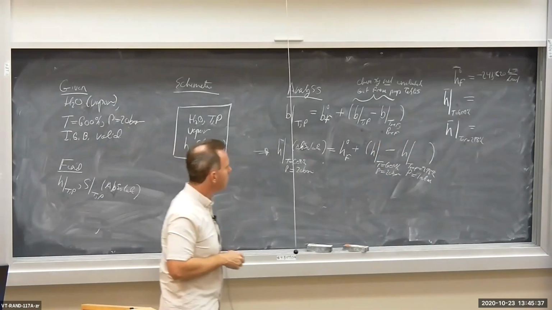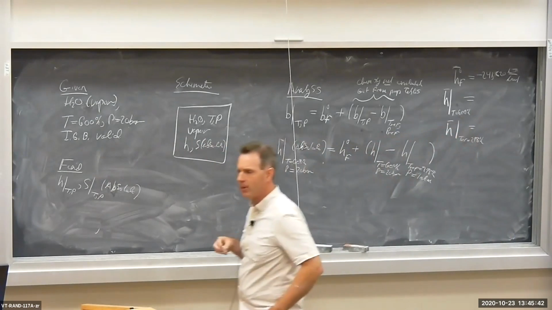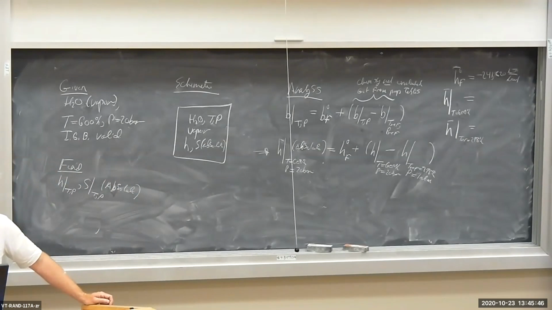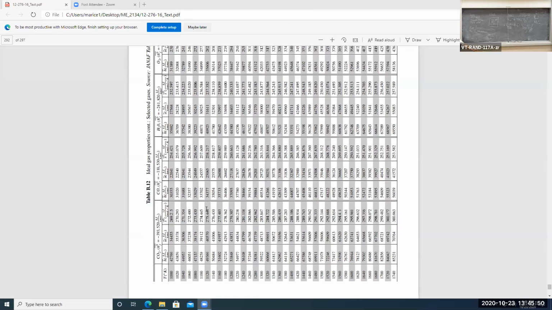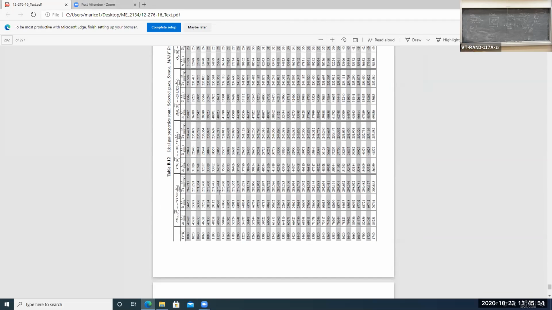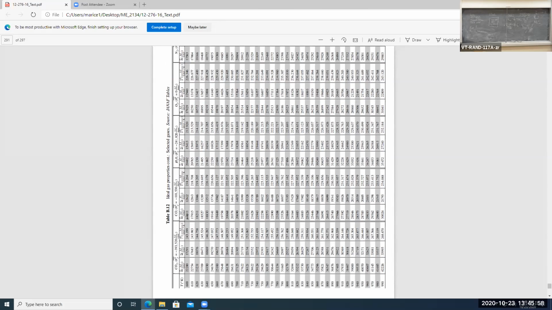Okay, let's see here. So 600 degrees Kelvin. Let's look these up. Here's 600 degrees Kelvin.